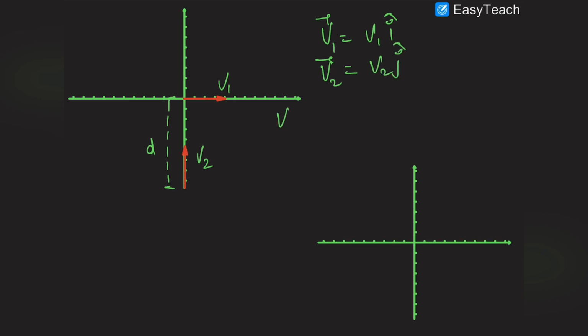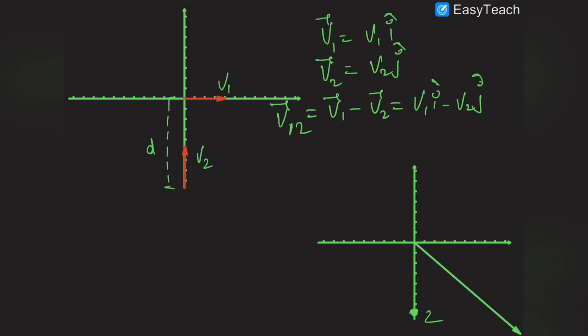Okay, so v12 is v1 minus v2, and v12 is v1 i cap minus v2 j cap, which means that if we have assumed that 2 is at rest at this position, then 1 is moving in the fourth quadrant, and therefore it would be moving like that.